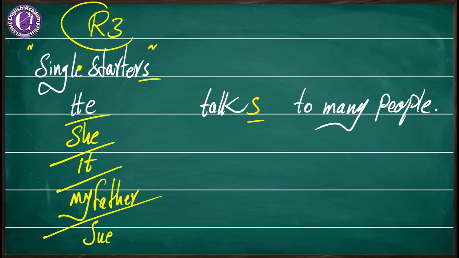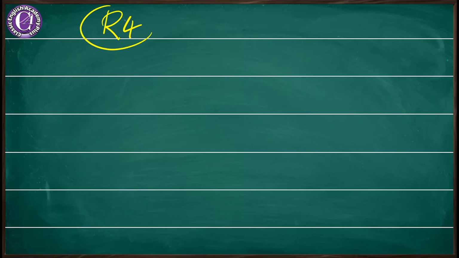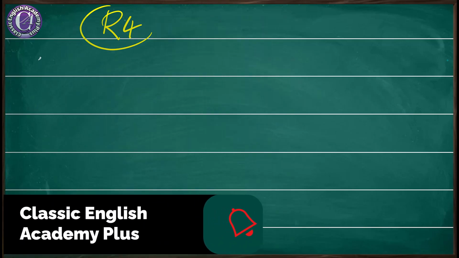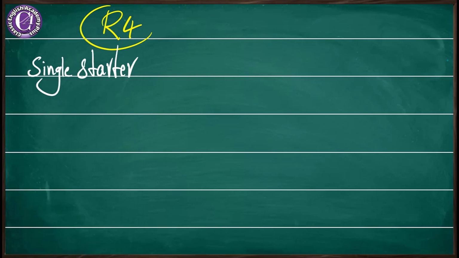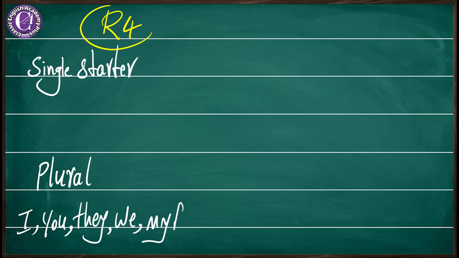Let's go for the last rule. Rule number 4. It says that you have either single starter, easy, or you have a plural starter. Well, this is very, very different. Here we have I, you, they, we, my friend, and I, we are all plural starters.